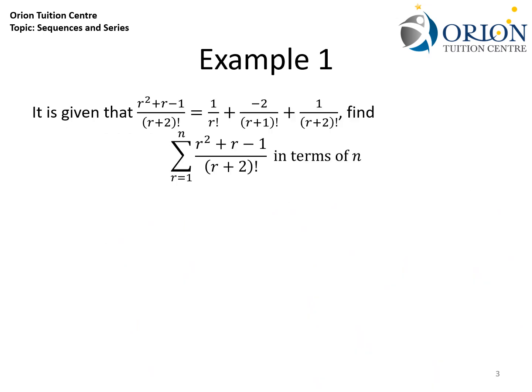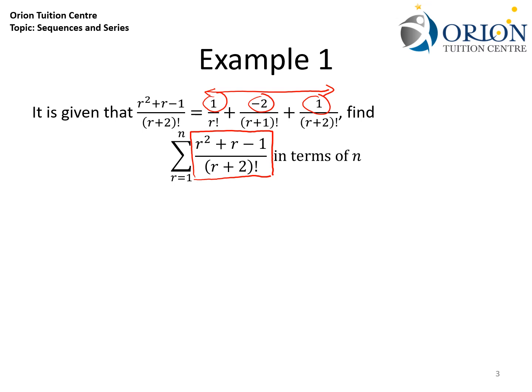In example 1, we are asked to solve for this summation, and we are given the clue that this term within the summation can be written as these three terms. Note that the coefficients are 1, minus 2, and 1, which add up to 0. So this gives us a definite clue that we need to make use of the method of difference to solve this summation.